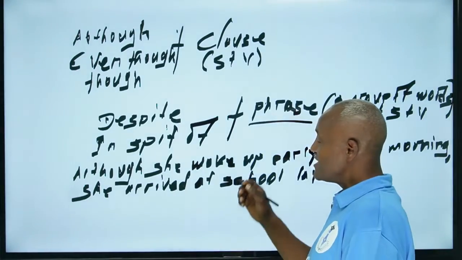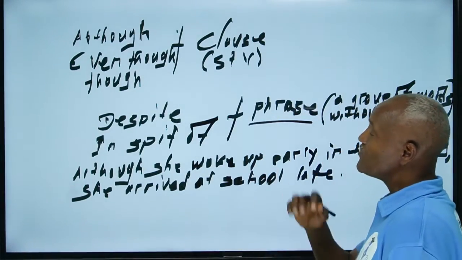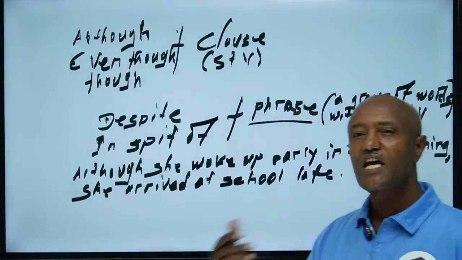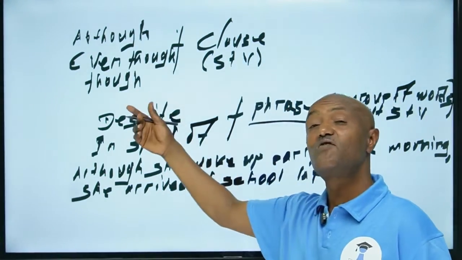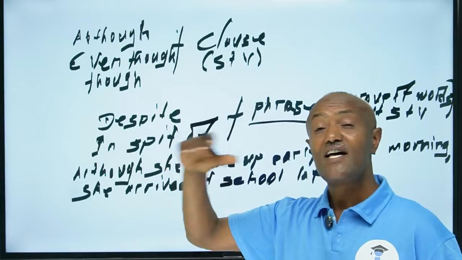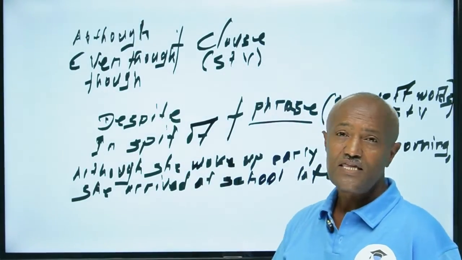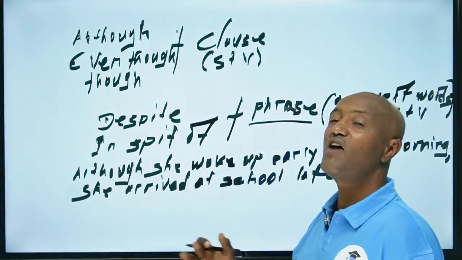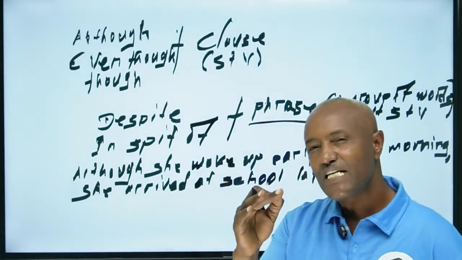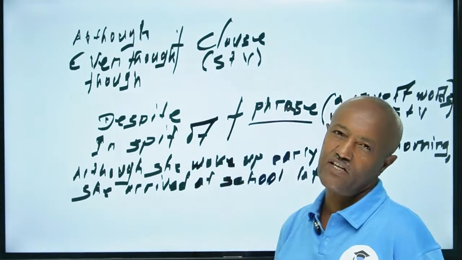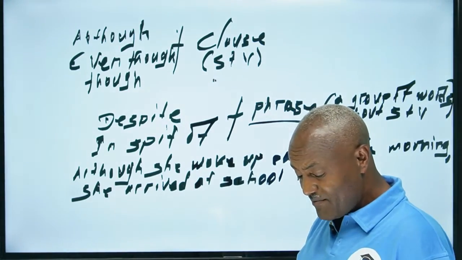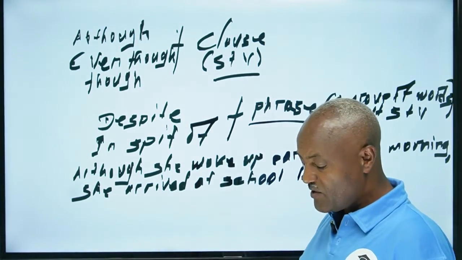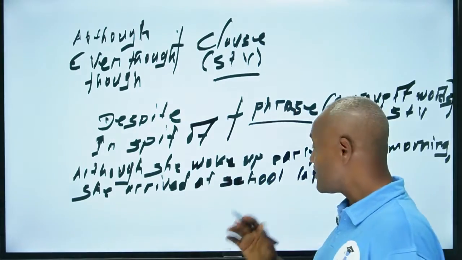Don't forget, this is very key. Most of the time, the knowledge of clause and phrase helps you even when you are trying to tackle another type of rules. You have to identify whether a given sentence is a clause or a phrase. When we say a clause, minimum there must be subject plus verb. When we say a phrase, a group of words without subject plus verb.